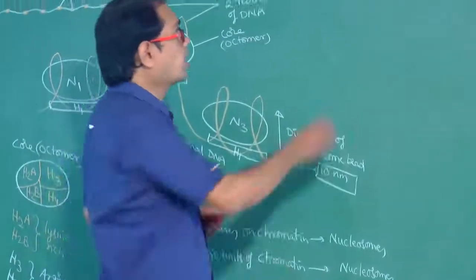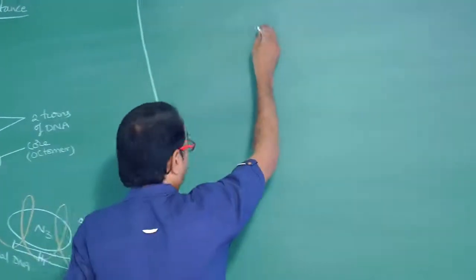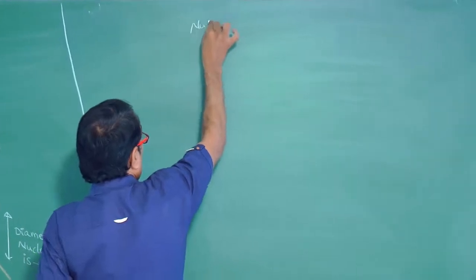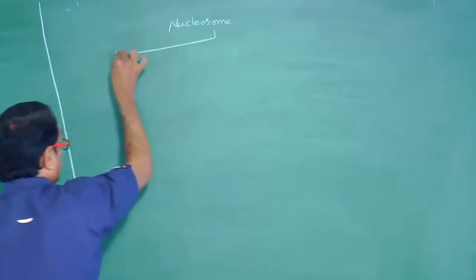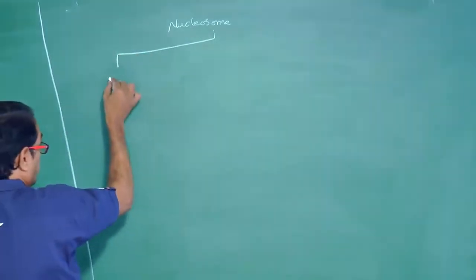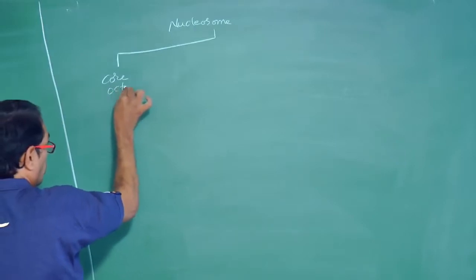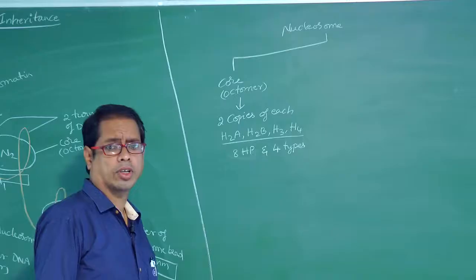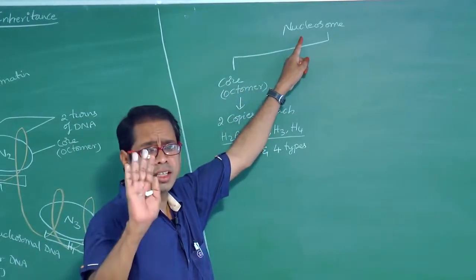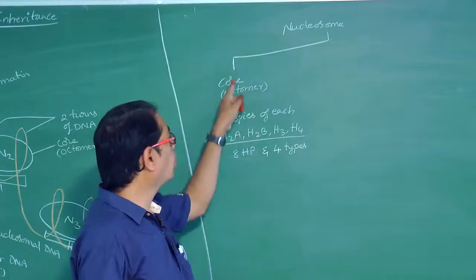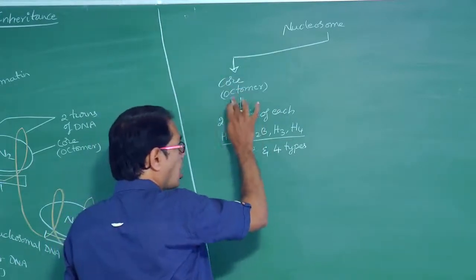Okay, right. What parts does it contain? Nucleosome contains 3 parts. Look here, my dear students. One is called the core, and the core is also called octamer.